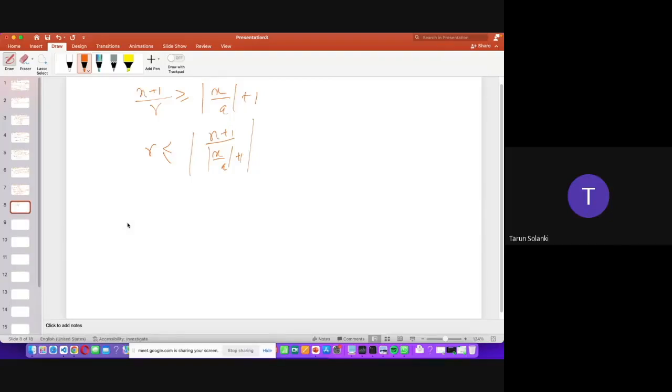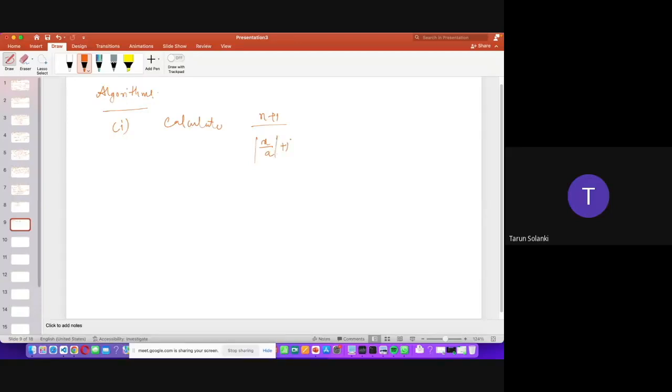Now I will write the algorithm to solve the problem. So first step, calculate (n + 1)/(|x/a| + 1), which equals k.